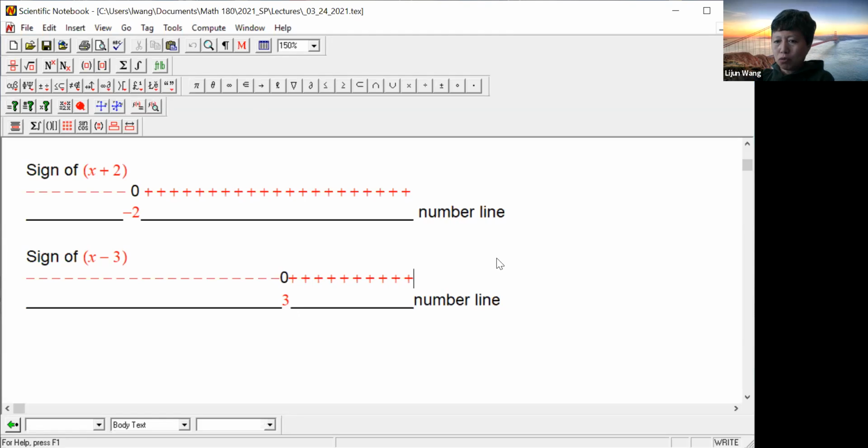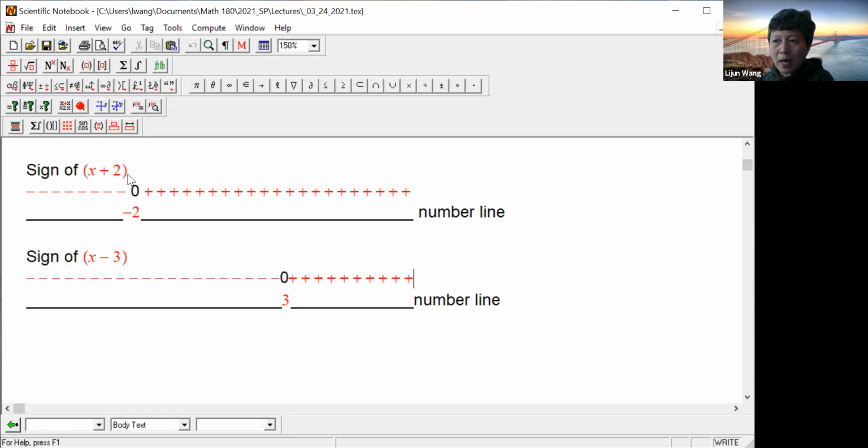And of course, you can also draw the line from the function's perspective, but we don't need to do that anymore, do we? All right.